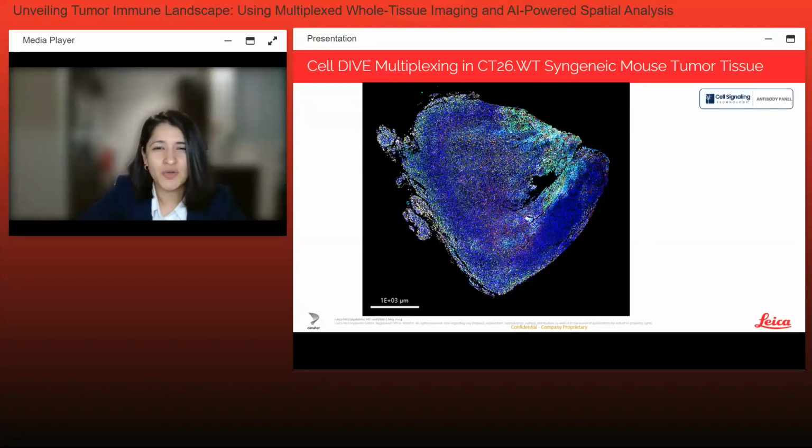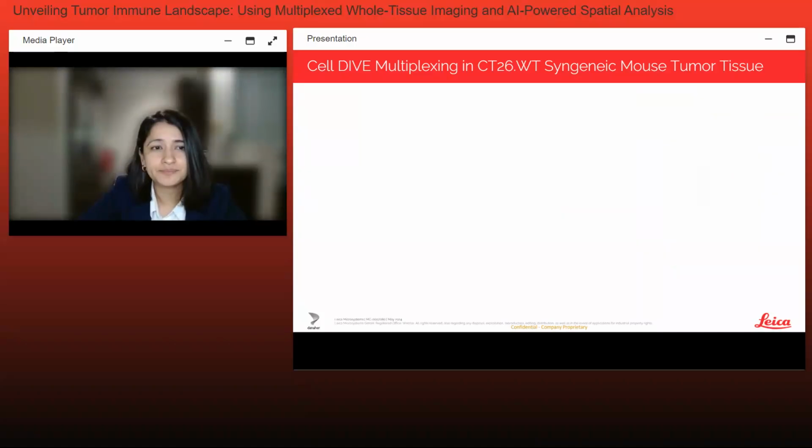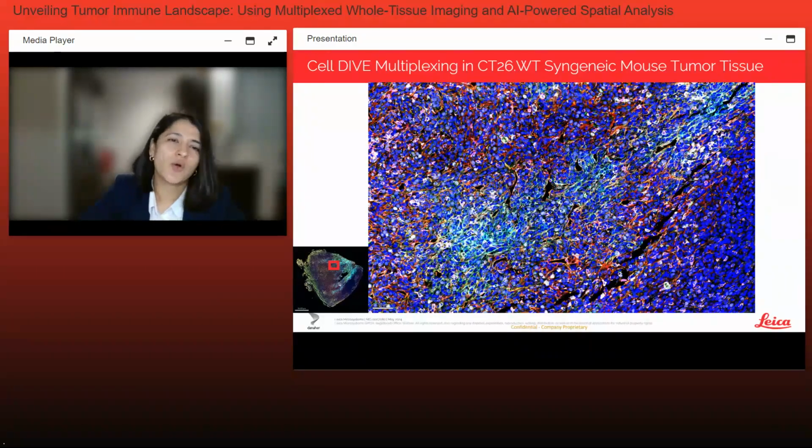This tissue section was iteratively stained with about 30 CST antibodies to detect key proteins in the TME, or the tumor microenvironment, enabling immune cell detection and for further analysis. If we look at a zoomed in section of the tissue, you can realize how multiplexed whole tissue imaging can be utilized to probe key molecular players within the tumor microenvironment.